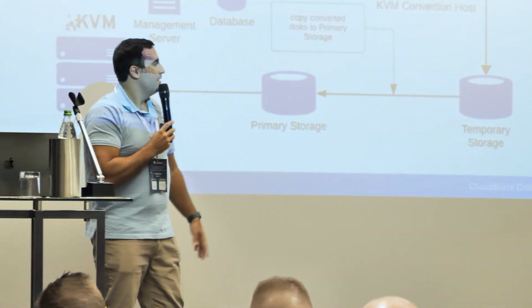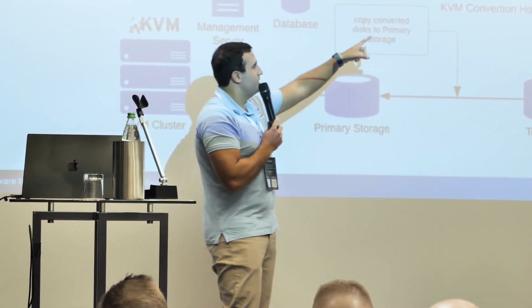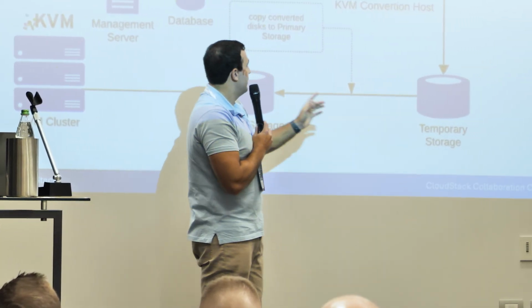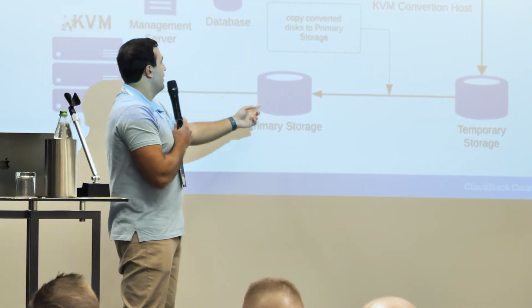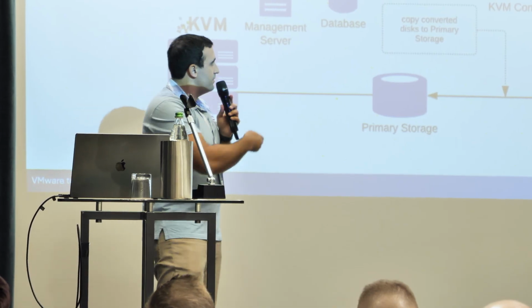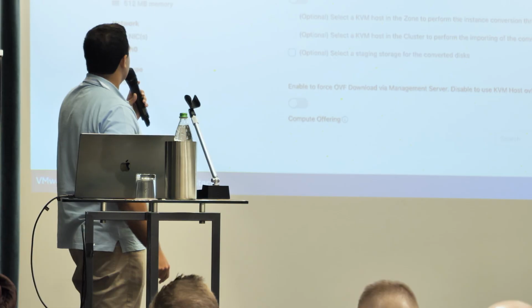Temporary storage can be secondary, and can also be primary storage, but virt-v2v will place the converted disks on this temporary storage. After that, it will move the disks to primary storage, and then we'll import it to CloudStack. So that's the default behavior of the migration tool.